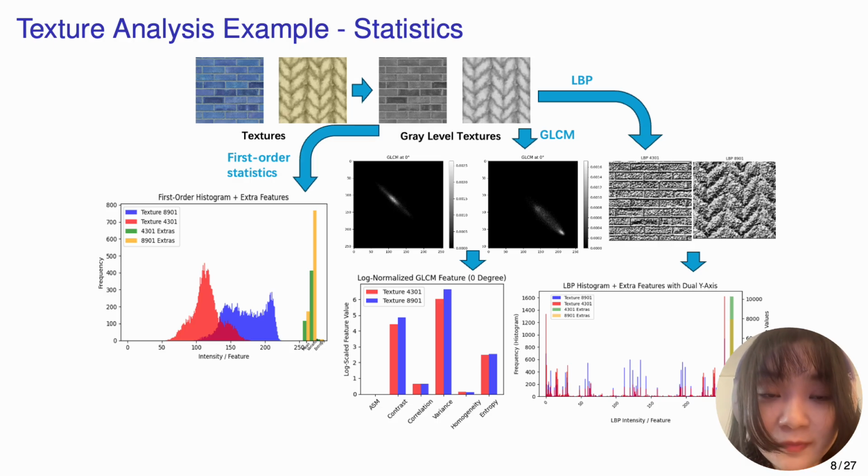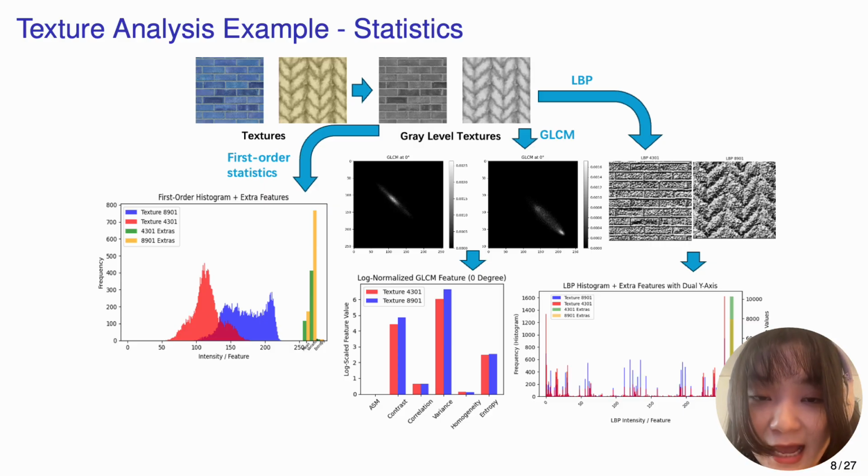Here I show you some examples. Actually, that's an experiment to study the different ways of texture analysis. First, we get two textures, the blue bricks and the yellow fabric, and then we get the grayscale images. First, we use first-order statistics to compute the histogram, and I have three more features: mean, variance, and entropy.